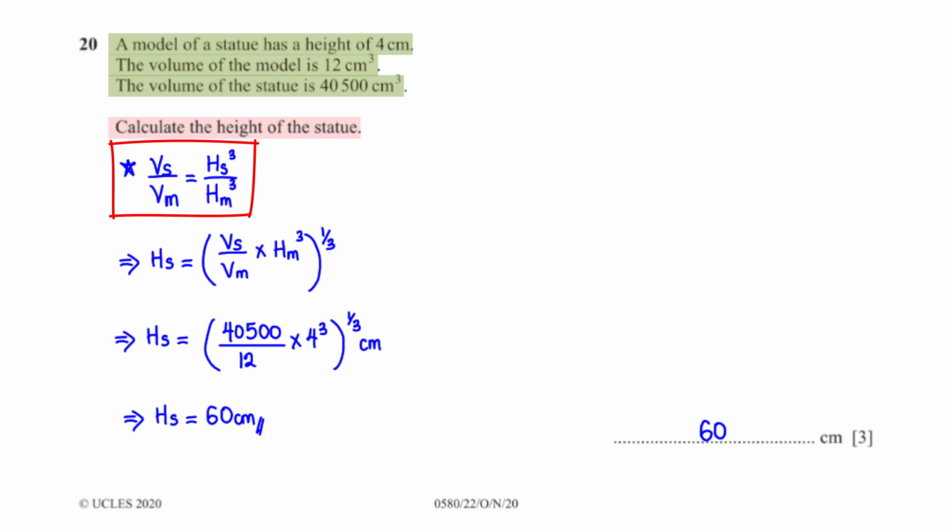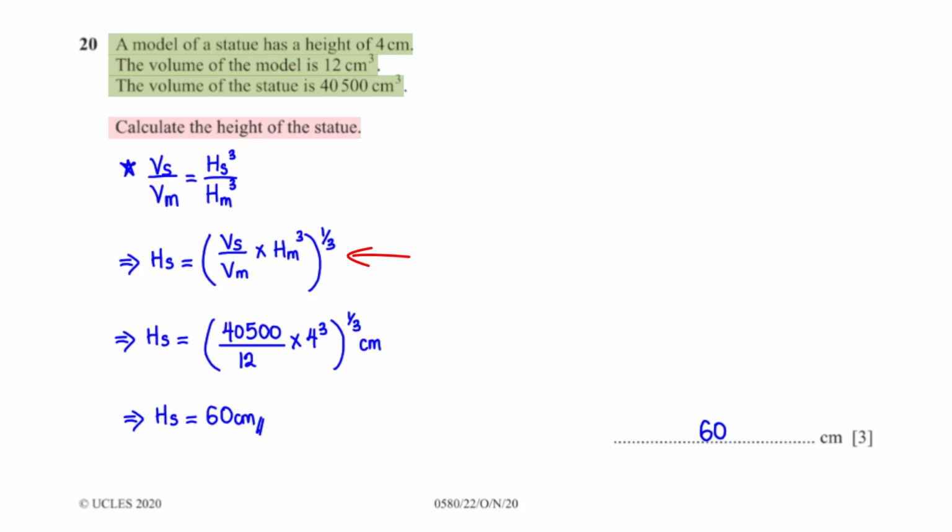The volume of the statue divided by the volume of the model equals the height of the statue divided by the height of the model. Since we are dealing with volume, we need to cube the height of the statue and the model. When we make the height of the statue, which is hs, the subject of the equation, this is what we get.